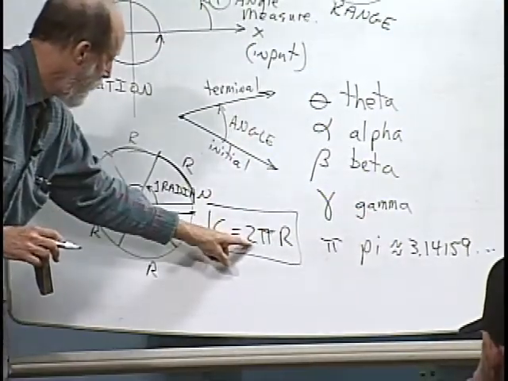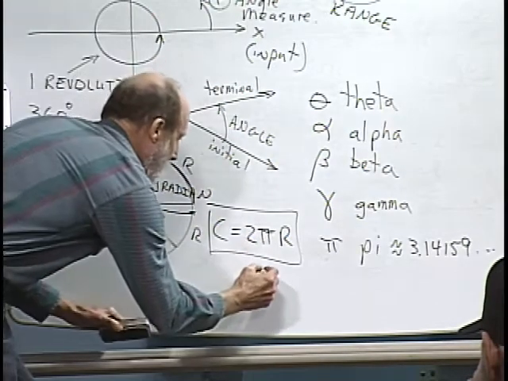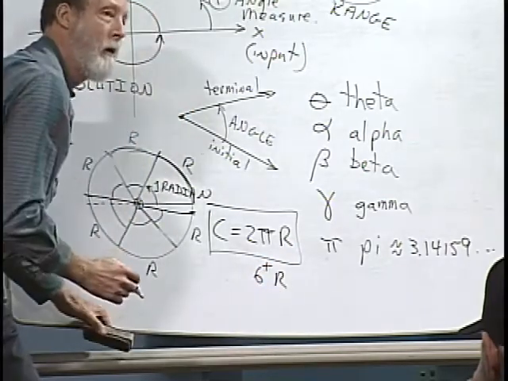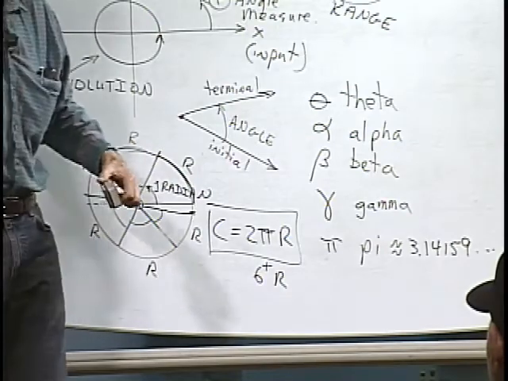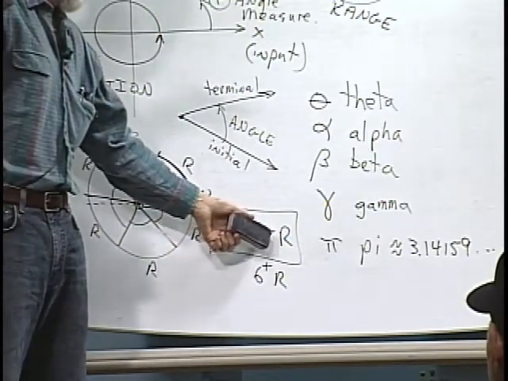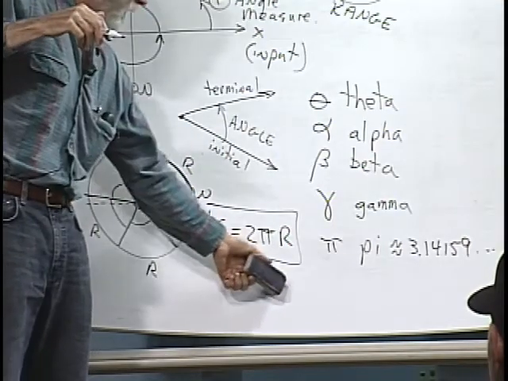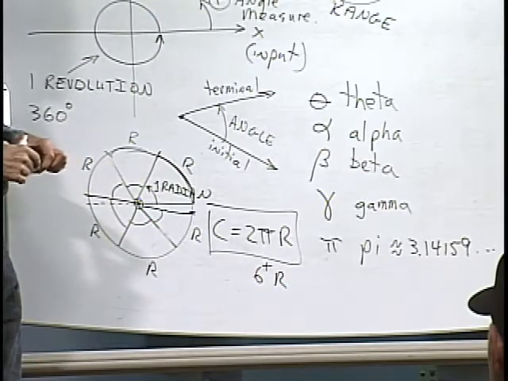So look at what this is. 2 times that number, a little bigger than 3, is a little more than 6, isn't it? Radiuses. Everybody see that? A number a little bigger than 3 times 2 is going to be a number a little bigger than 6 radiuses to get exactly around 1 revolution.